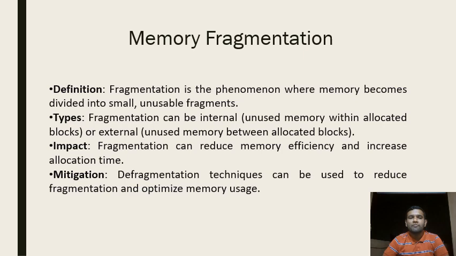These are the two types of fragmentation. What is the impact of memory fragmentation? Fragmentation can reduce memory efficiency and increase allocation time. For mitigation, defragmentation techniques can be used to reduce fragmentation and optimize memory usage. This is about memory fragmentation.